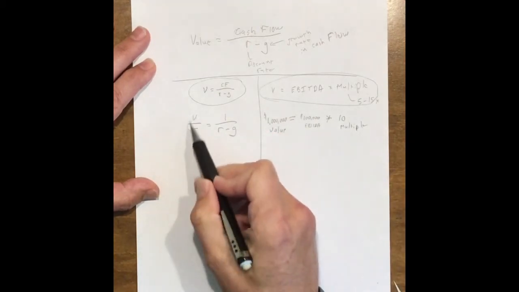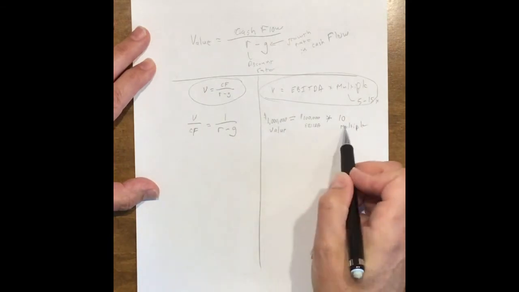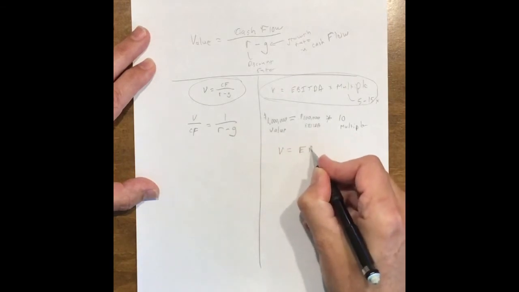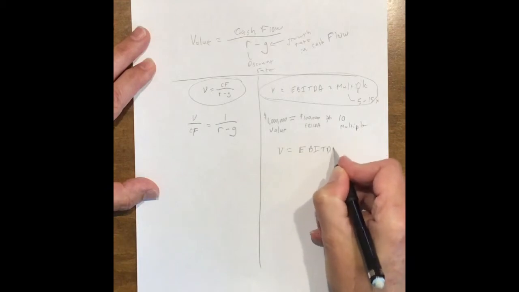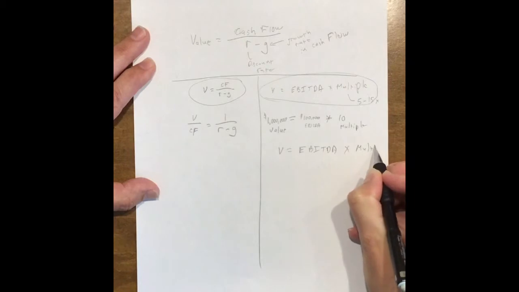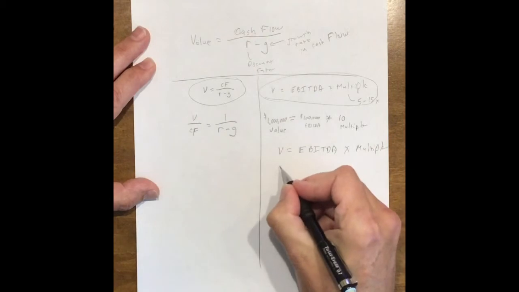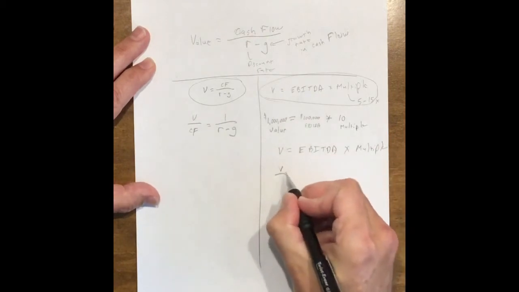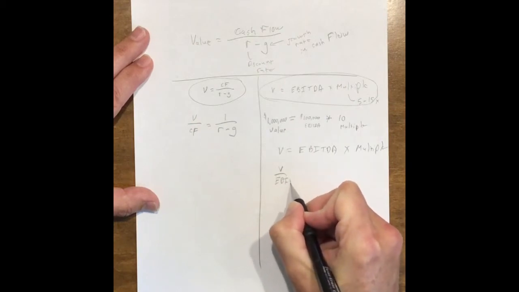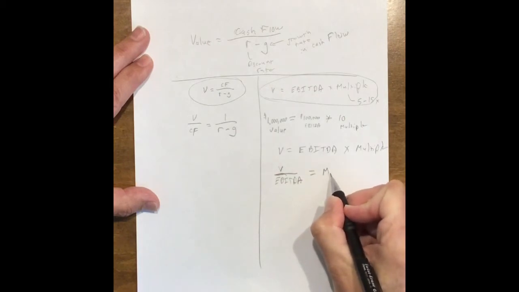Well, value divided by cash flow, an EBITDA multiple, is, if we rearrange this, say multiple, and we just divide both sides by EBITDA, we get value over EBITDA equals the multiple.